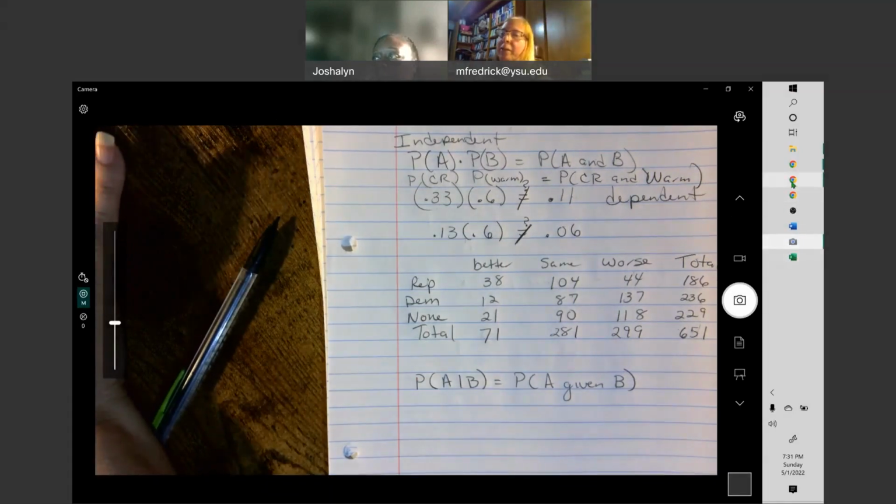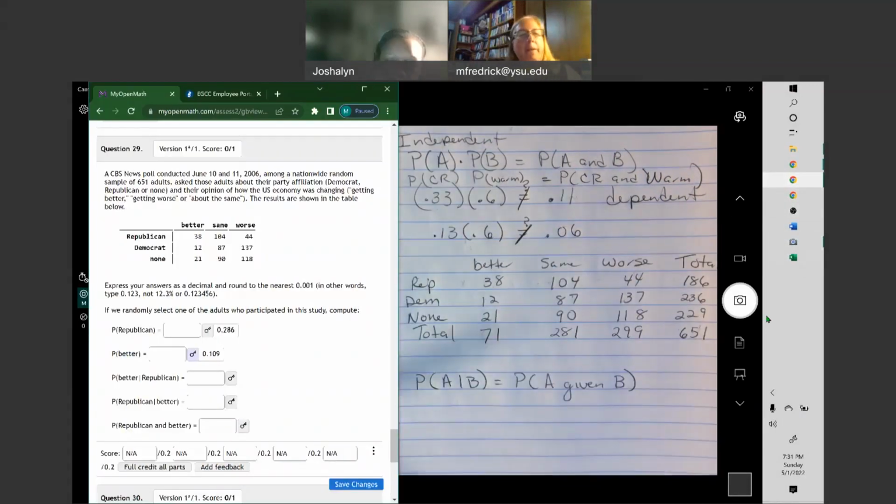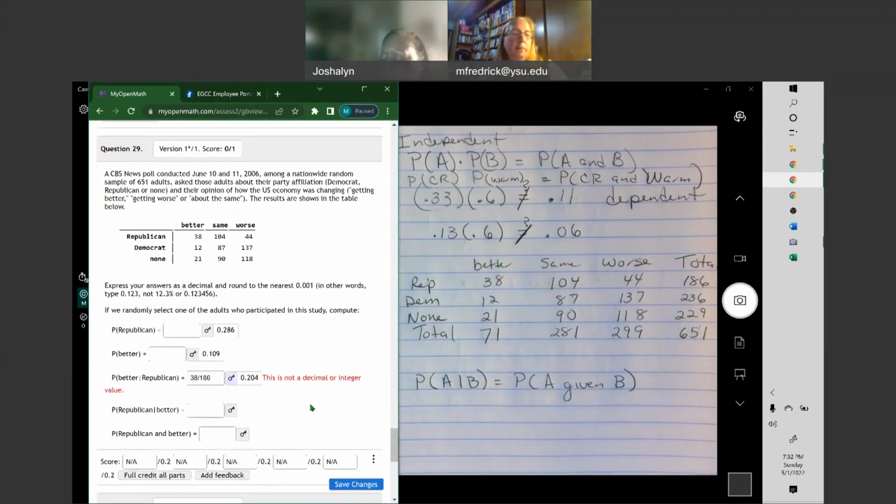I didn't like how blurry this looked. Okay, so the probability better given Republican. So we're only using the row for the Republican, because that's the part that's given. So then 38 out of 186. Of course, they want the decimal. Yeah, I got 0.204.